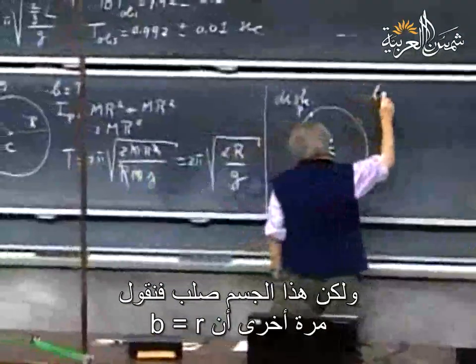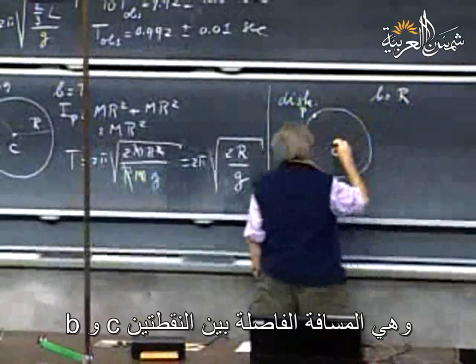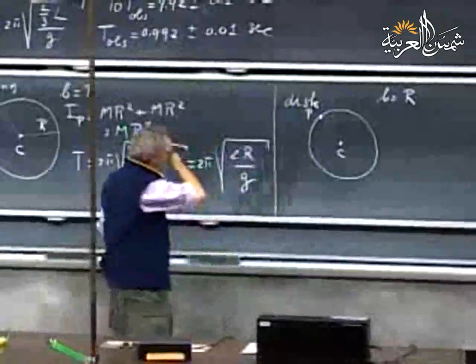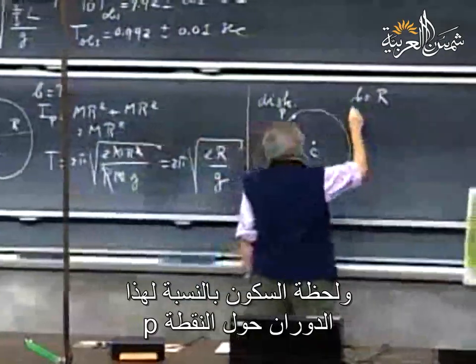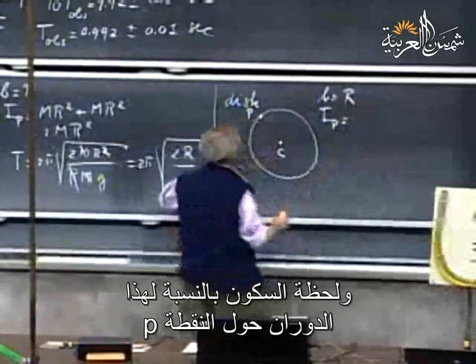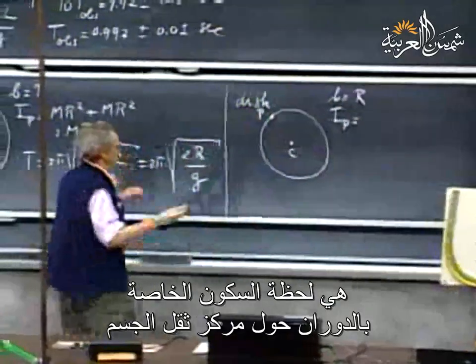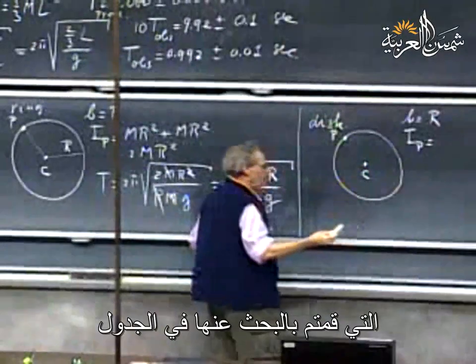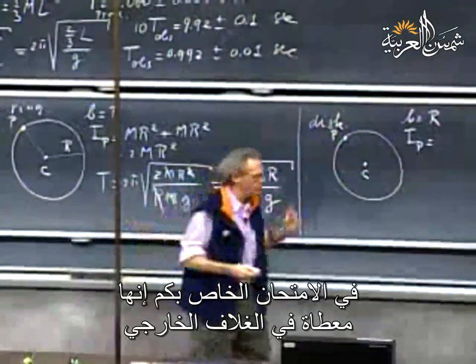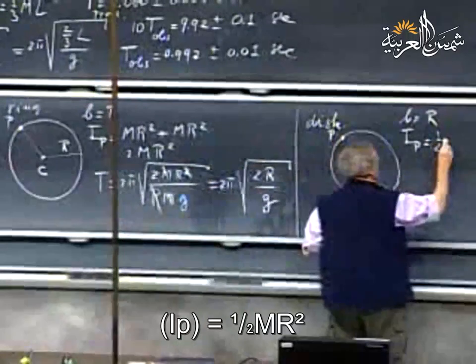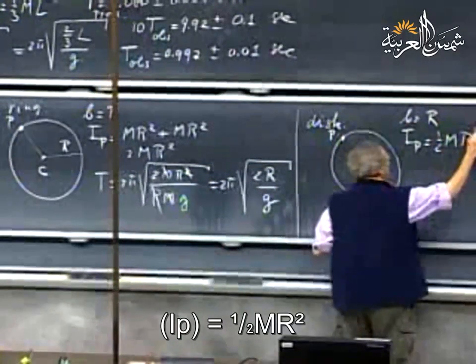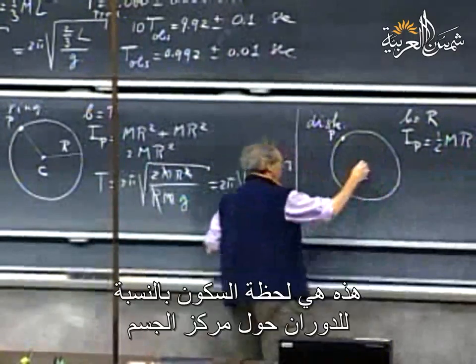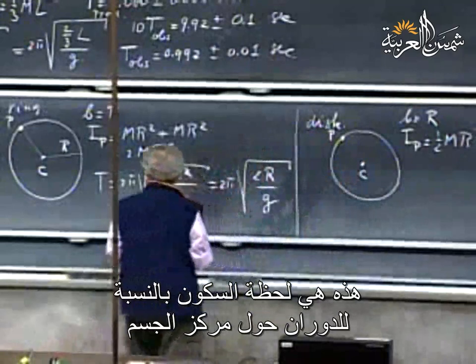So again, b is R, the separation between C and P. And the moment of inertia for rotation about point P is now the moment of inertia for rotation about the center of mass, which you look up in a table. In the case of your exam, it was given on the front cover, 1/2 mr squared. That's the moment of inertia for rotation about the center of mass.